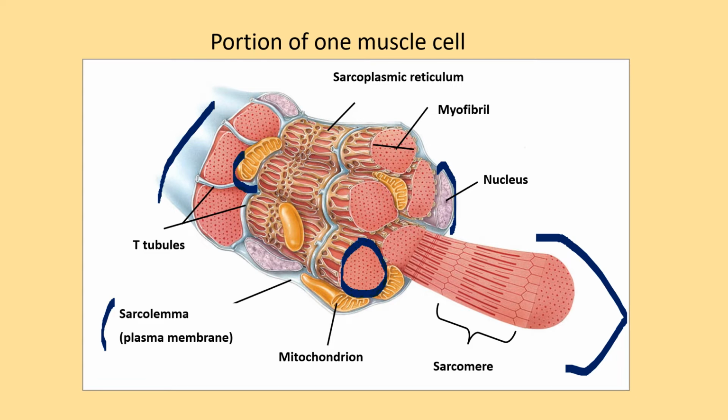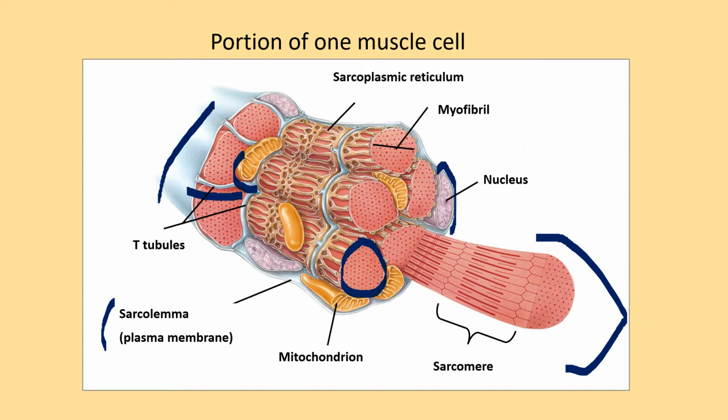All right, let me go back to the plasma membrane, also known as the sarcolemma. And the plasma membrane of a skeletal muscle cell has this really unique feature called T-tubules. So here's a T-tubule. T-tubules stands for transverse tubules. They are sections of plasma membrane that tunnel in to the interior of the cell.